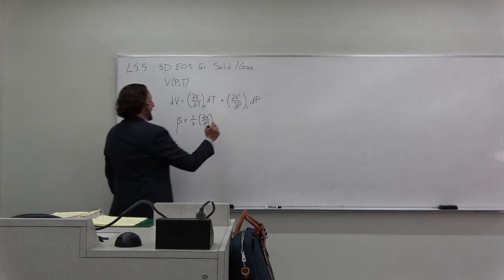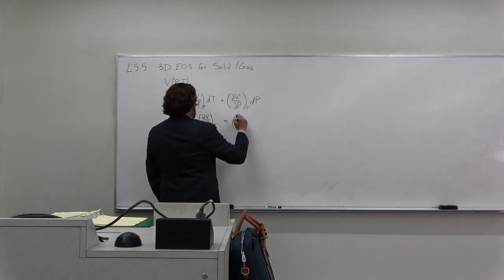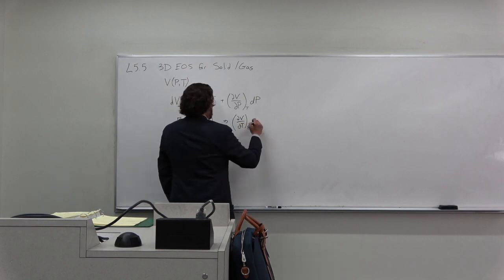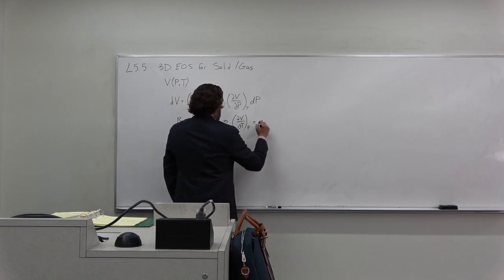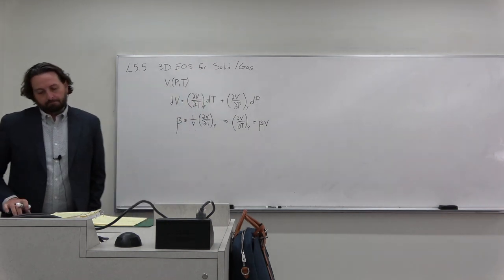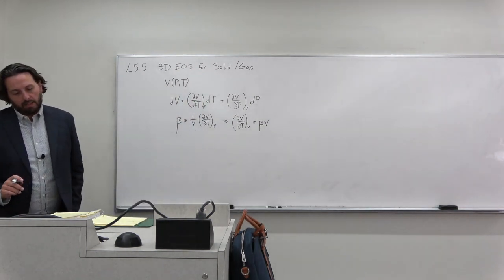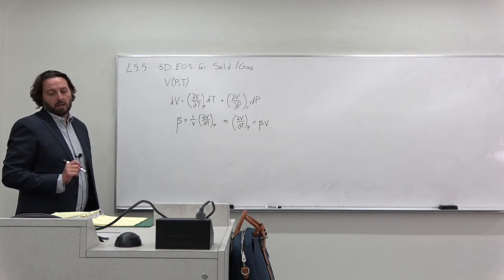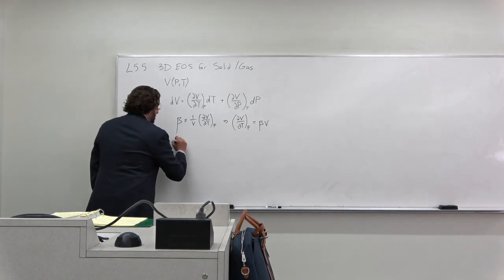So we can rewrite that as partial v, partial t, at constant p equals beta v. And what was our definition of B?